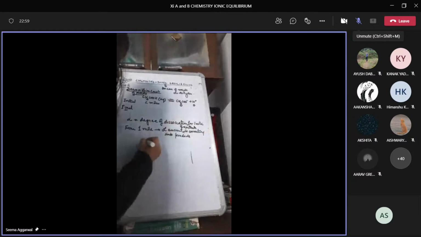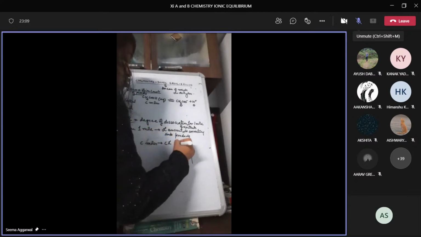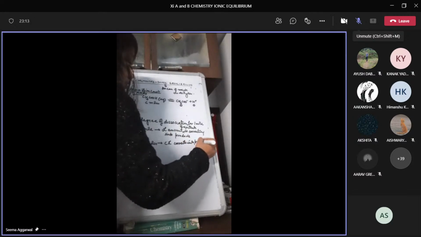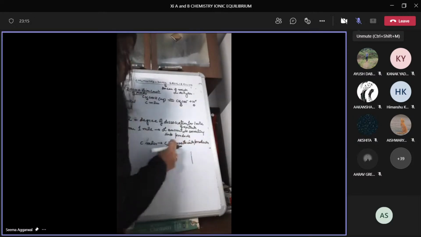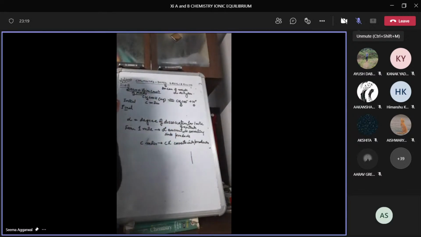So if I am taking C moles, how much amount of reactants is converting into products? C alpha. For 1 mole alpha, for C moles, C alpha converts into products. So from C moles, C alpha is converting into the product. So what is the amount of reactants left?